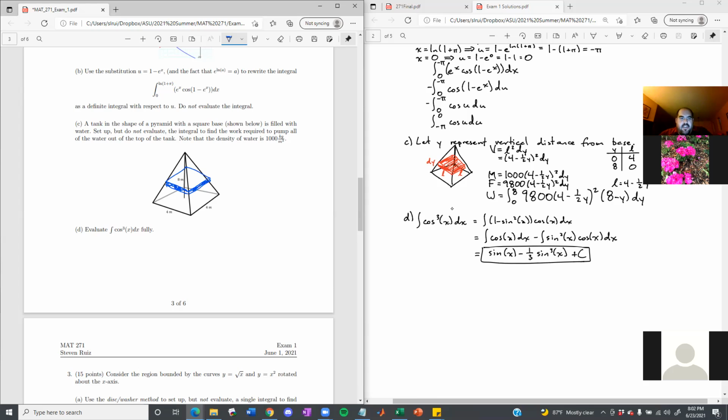And I'll let this thickness be dy. So y is going to be my independent variable because I want to integrate not only that little slice of water, but every slice from the bottom to the top of that pyramid.